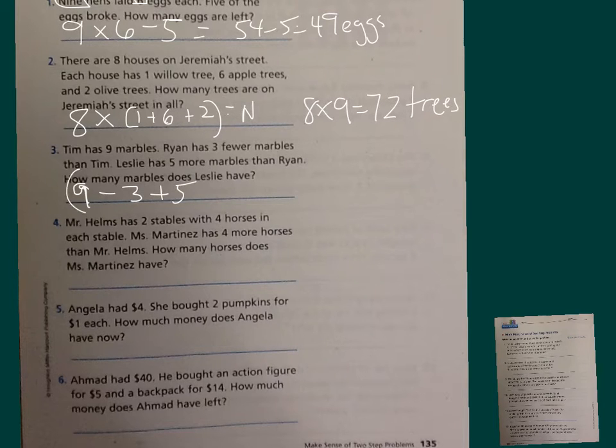But let's just put these in parentheses just to be safe. So we know Ryan would have 6, but if Leslie has 5 more than Ryan, then that would be 6 plus 5, and Leslie would have 11 marbles. Okay, and really I didn't need to put parentheses in there because you know to go left to right. So if you go left to right, then you're doing it correct.